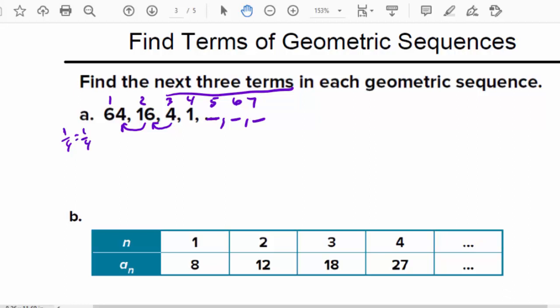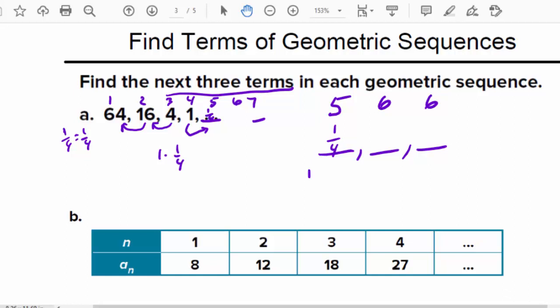So to find the next term after the 4, to go to term 5, I'm going to take 1 and times it by 1/4. And we end up getting term 5 as 1/4. So I'm going to put term 5 over here. Underneath it, I'm going to write 1/4. And then term 6, whatever that is, and then term 7. Okay, so how do I find term 6?